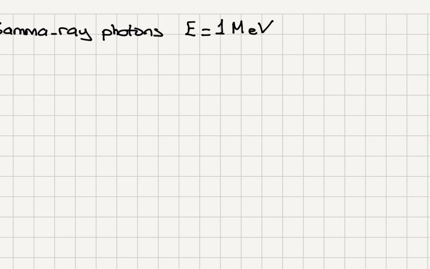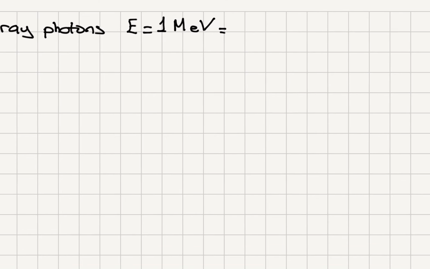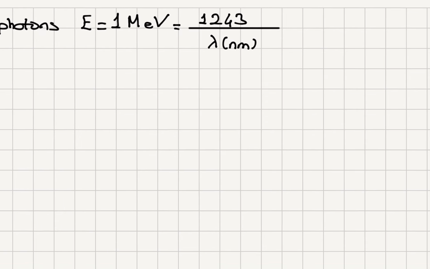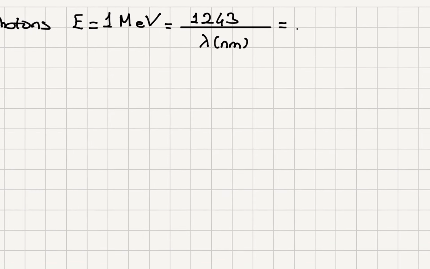And that's equal to 1243 electron volt nanometers divided by lambda in nanometers, which is hc over lambda, Planck's constant times speed of light divided by the wavelength.